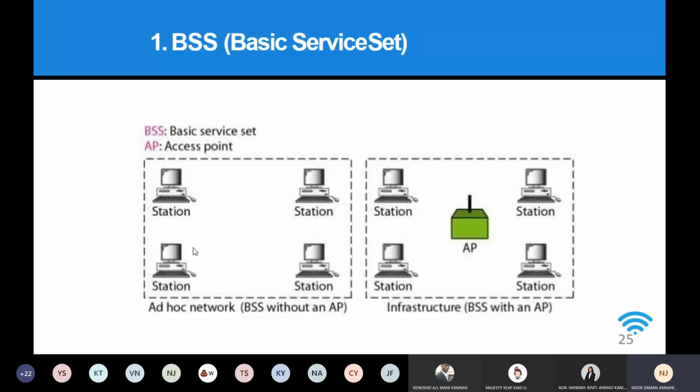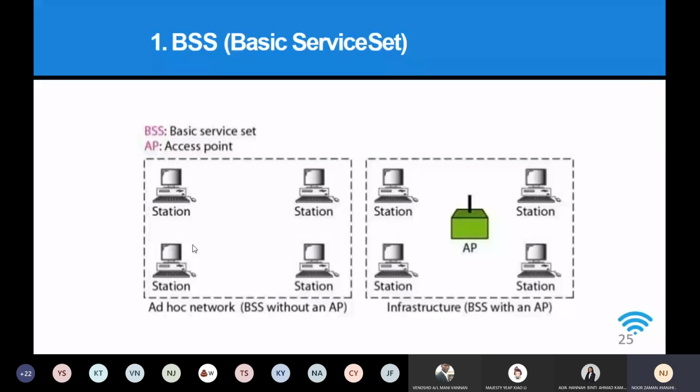These all things are the same, so please don't confuse yourself. But see at the bottom, what is the label for this one? We are saying that this is the ad hoc network BSS without an access point. This is the difference for that one.